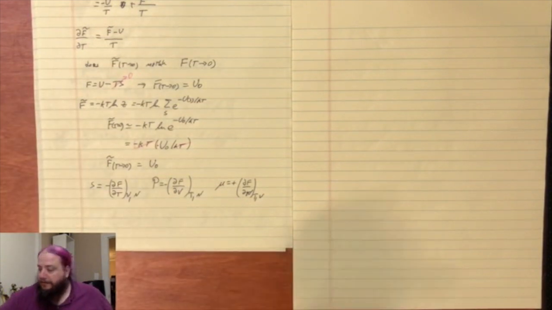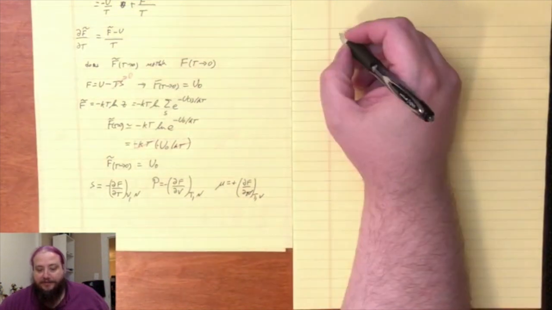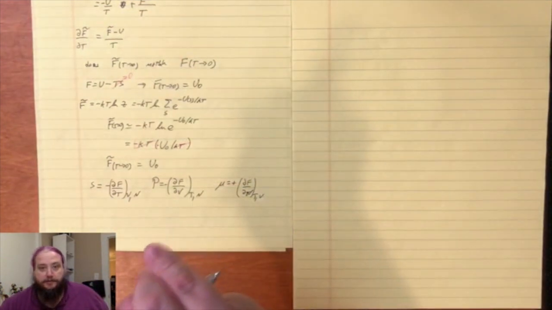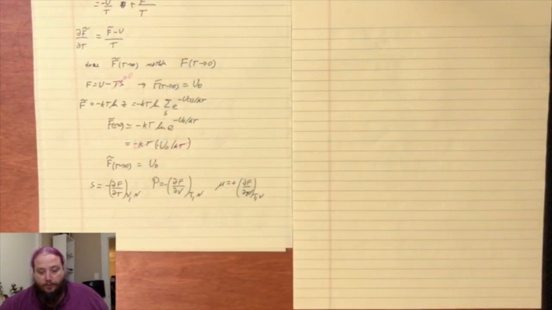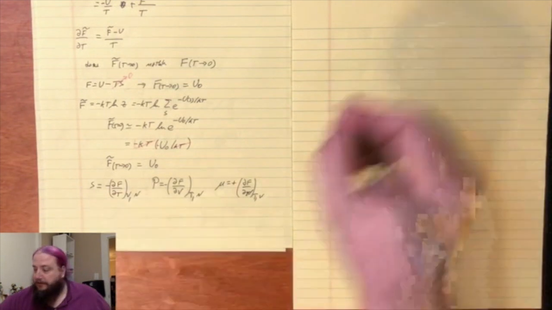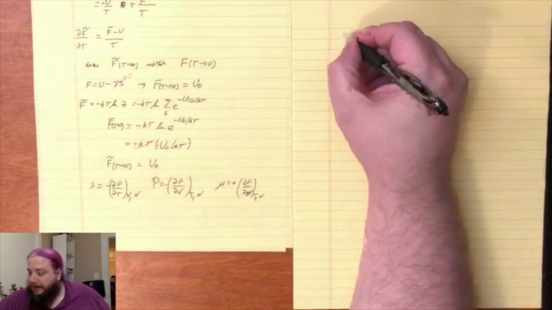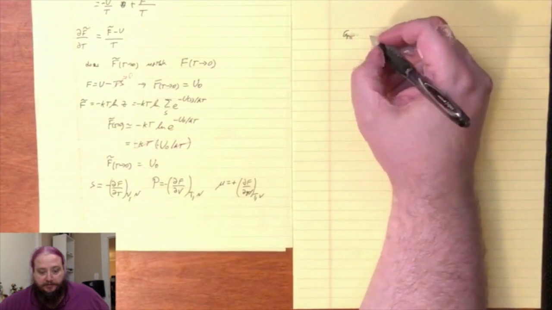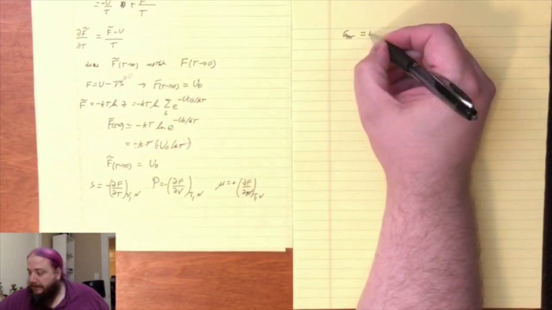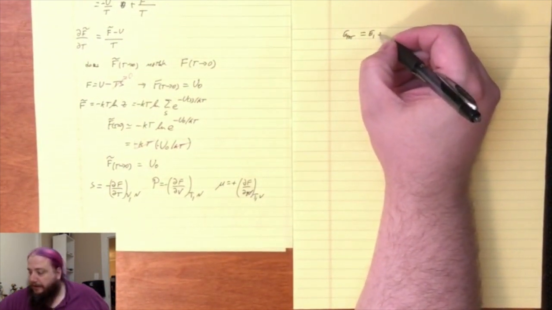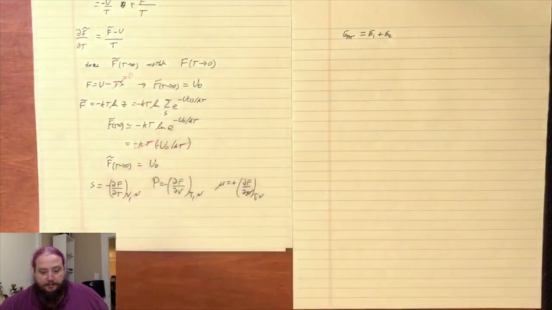So to begin with, to be concrete again, let's consider a system of two particles which don't interact with each other. And so the energy of our two particle system is just going to be the energy of particle 1 and the energy of particle 2 added together.